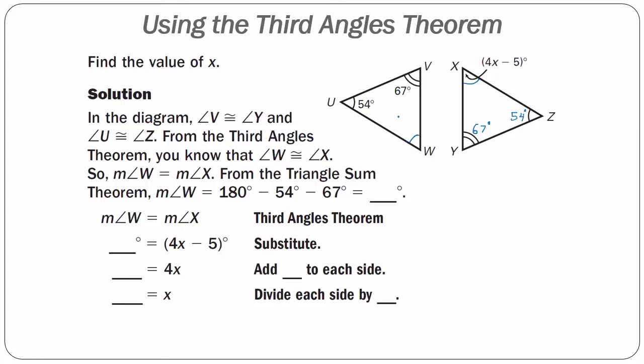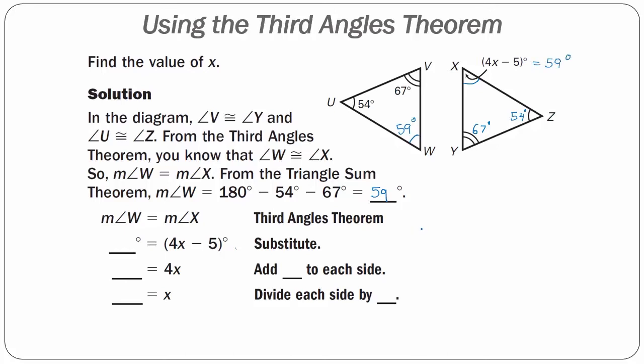So what we can do is take the sum of 54 and 67 and subtract it from 180 degrees to find the measure of angle W. From the triangle sum theorem, the measure of angle W is equal to 180 degrees minus 54 degrees minus 67 degrees, which gives us 59 degrees. So the measure of angle W is 59 degrees, and we know that it is congruent to angle X, so angle X must be equal to 59 degrees.